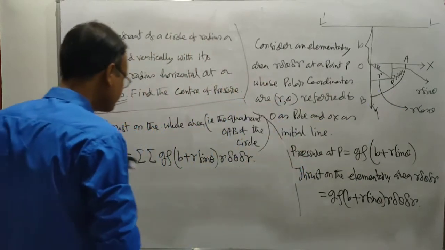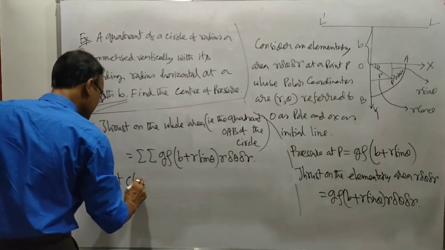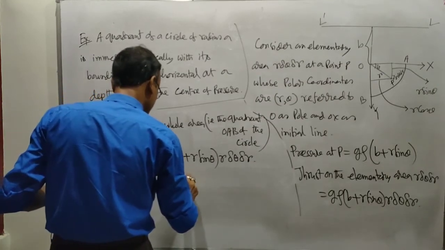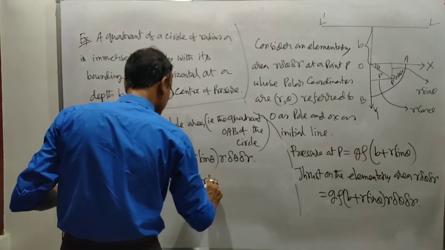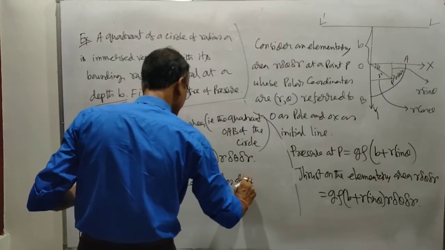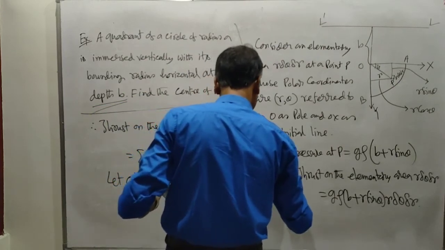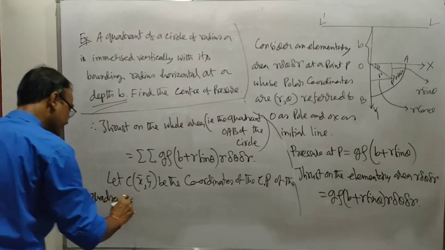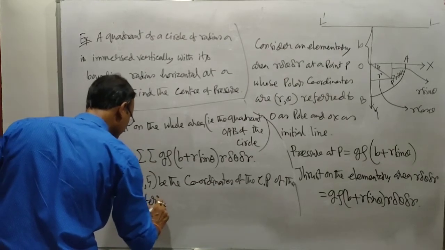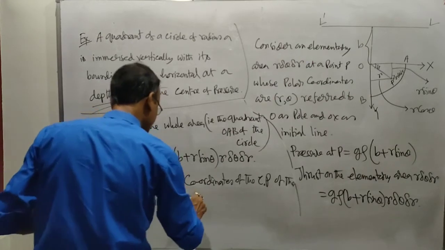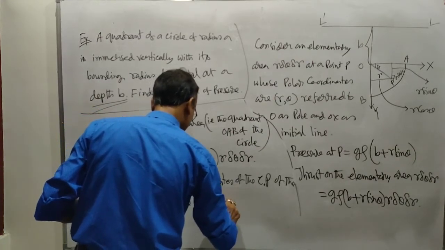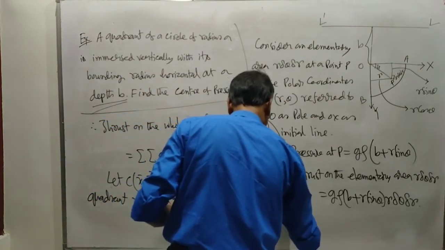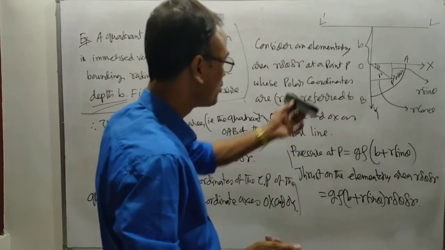Now let x bar, y bar be the coordinates of the center of pressure of the quadrant of the area referred to the coordinate axes OX and OY.